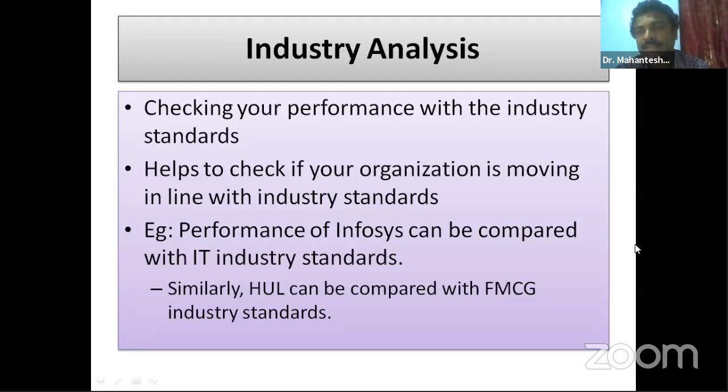All this is given by IBA, so we can take that as a benchmark.